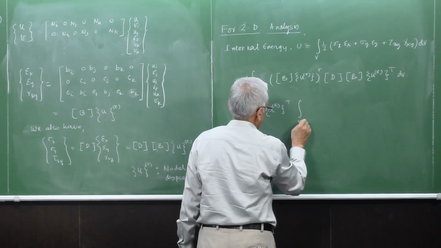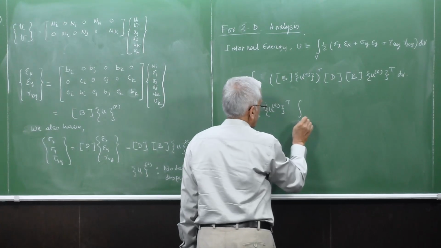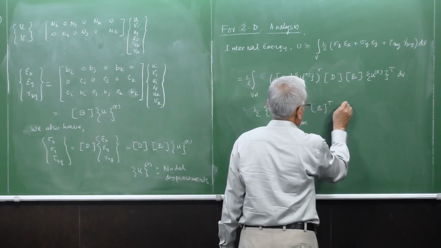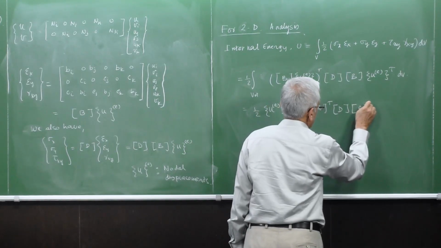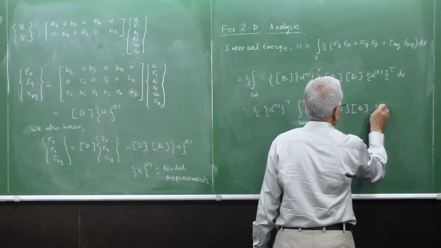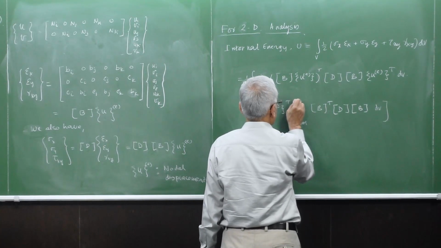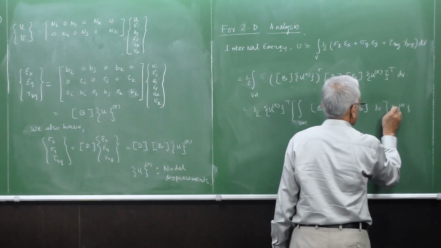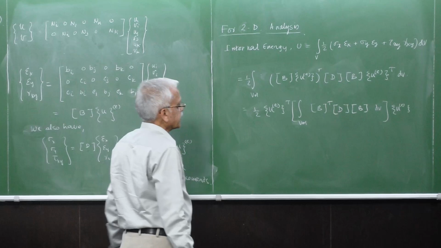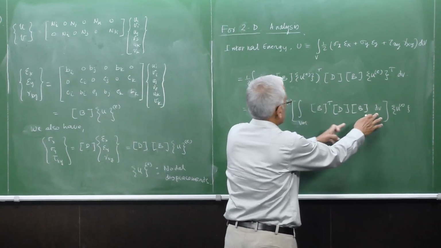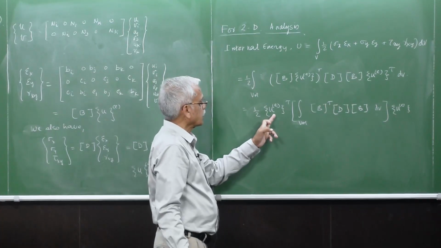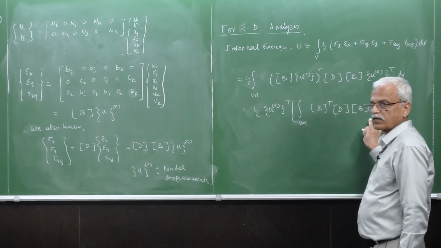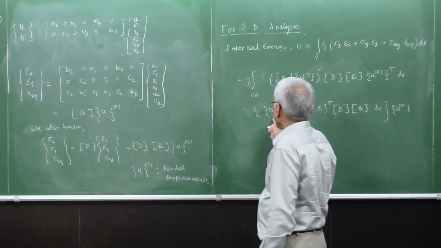Let me take this, volume of the element, so that will be B transpose D B. Okay, so what we did here is that we collected all this B transpose D B dV inside, and we took out these nodal displacements outside the integral sign, because as far as the integration is concerned, these are going to be constant.